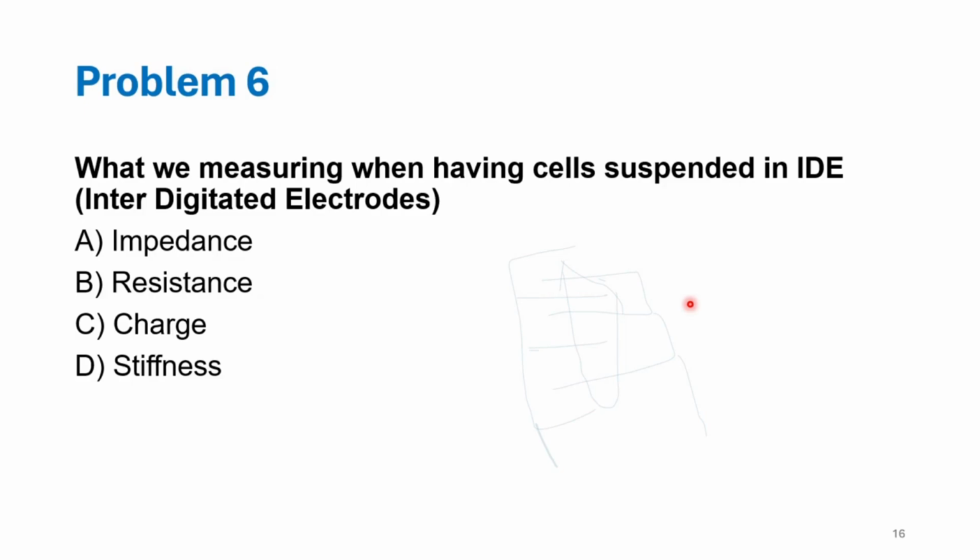What are we measuring when having cells suspended in IDE, interdigitated electrodes? Option A is impedance, B is resistance, C is charge, and D is stiffness. So what happens when we have cells suspended in IDE? We know that these are our interdigitated electrodes, right? We have two interdigitated electrodes.